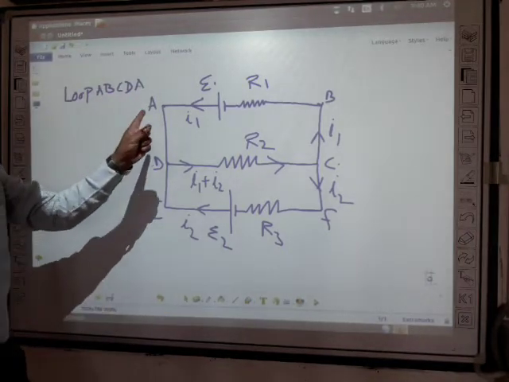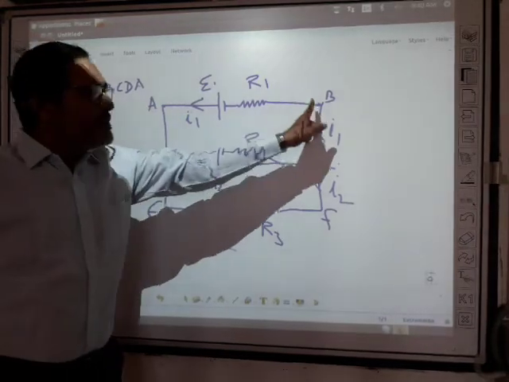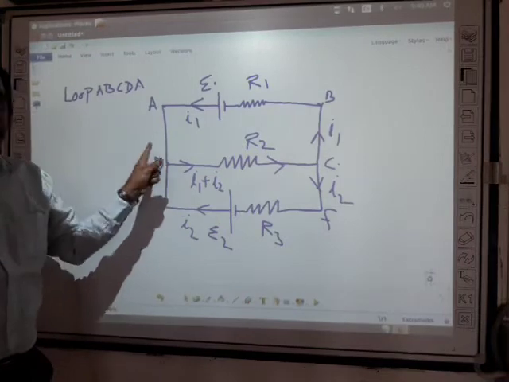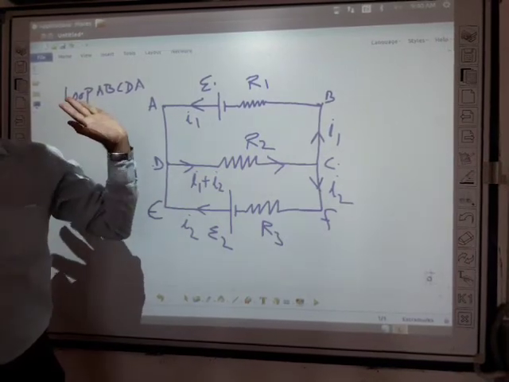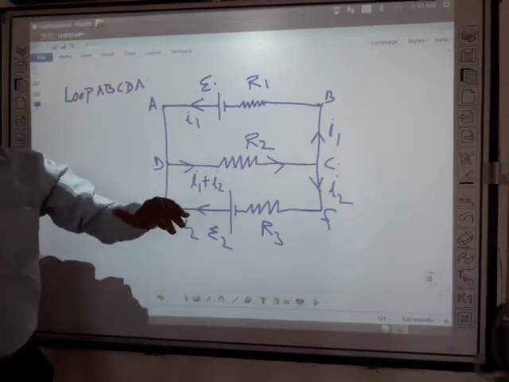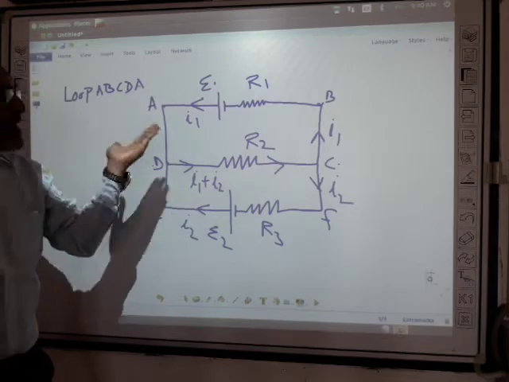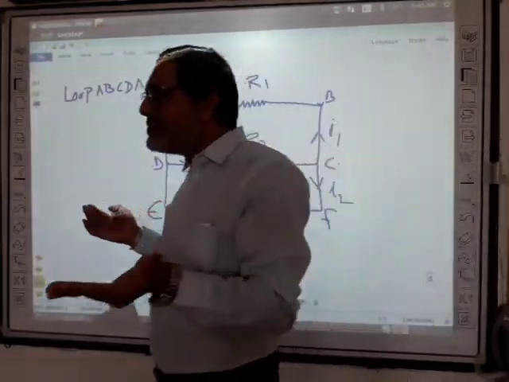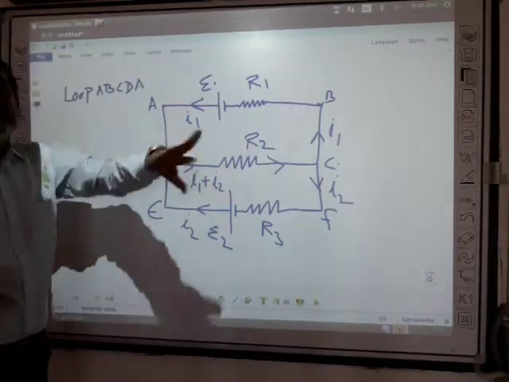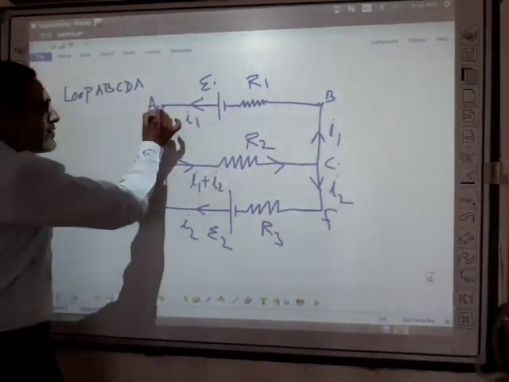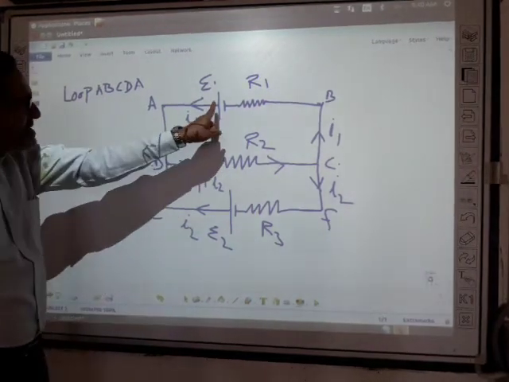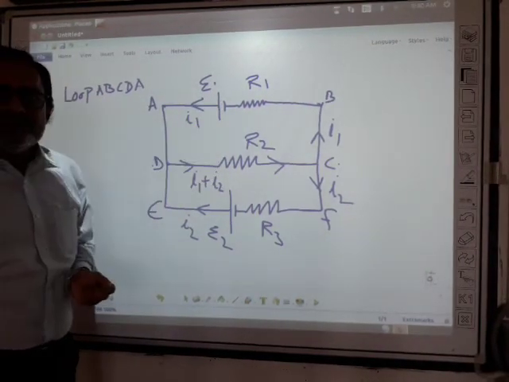Means we are moving from A to B, then B to C, then C to D, and then D to A. Now during our motion, we see how many electronic components or devices are connected, as used by Kirchhoff. Suppose we are moving from A to B. First there is a cell.